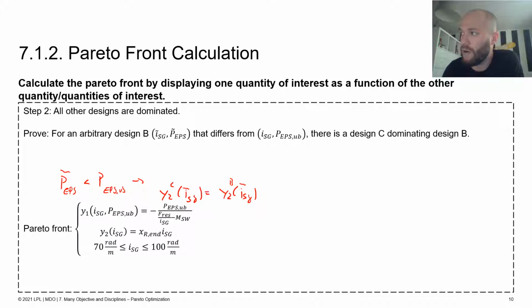Therefore, we know that if we do that for our design C, and this is also part of our Pareto front, and this is the important fact, that the design C with the same gear ratio and the power at the upper bound, so this is part of our definition of the Pareto front, is always dominating our arbitrary design point, and is therefore smaller than the design point at B with the same gear ratio but a lower power for the actuator.